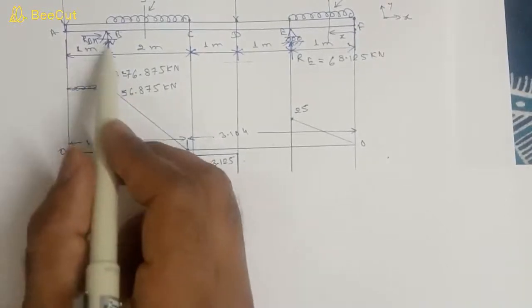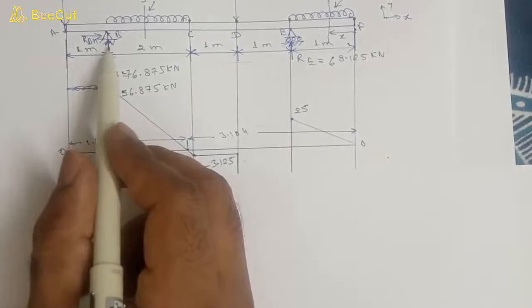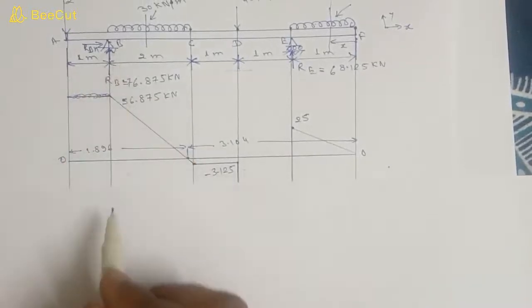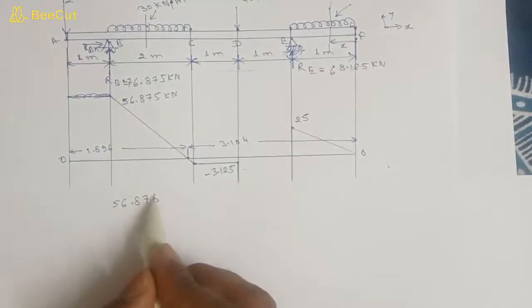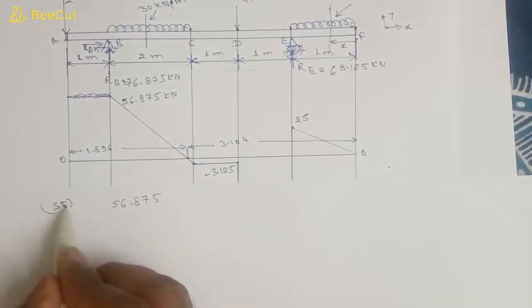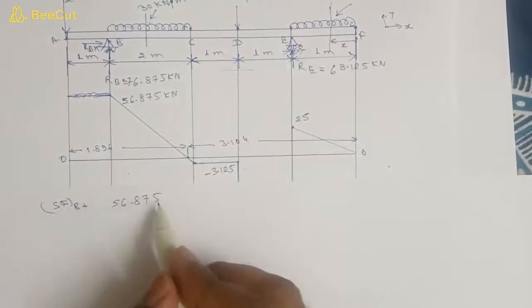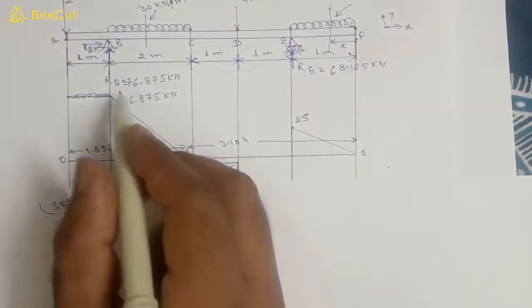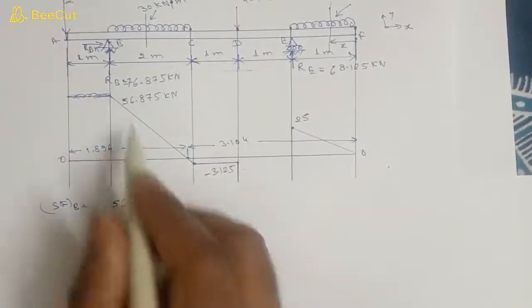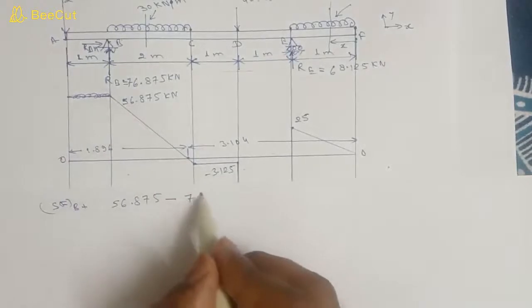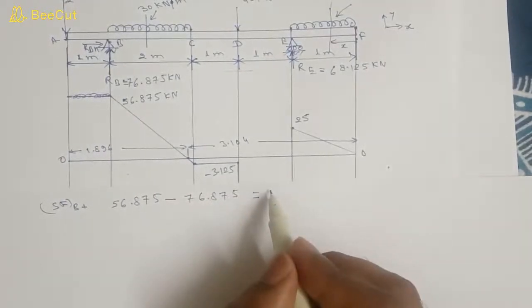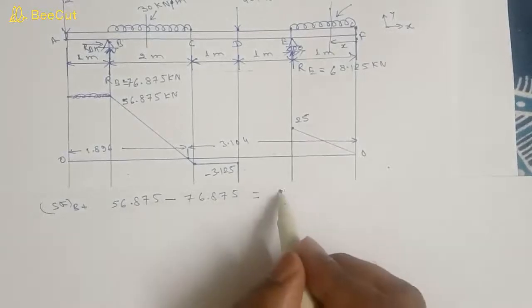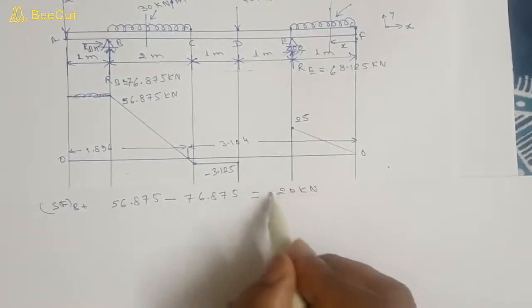Okay, we calculated shear force up to here, 56.875. Now shear force at this point after adding reaction force RB: shear force at B plus is equal to 56.875 minus 76.875, so you will get 20 kilonewton negative.